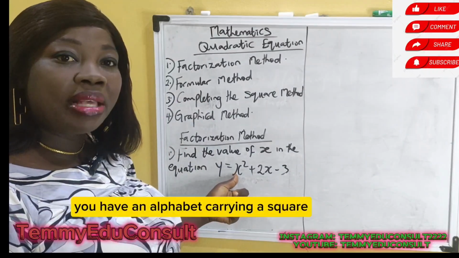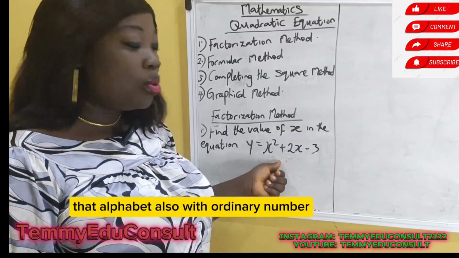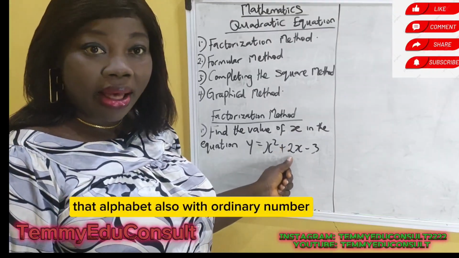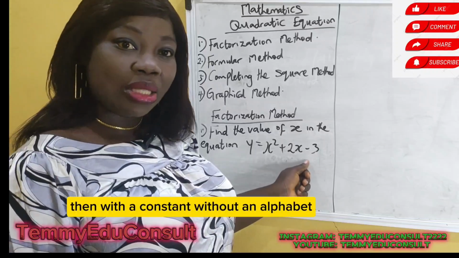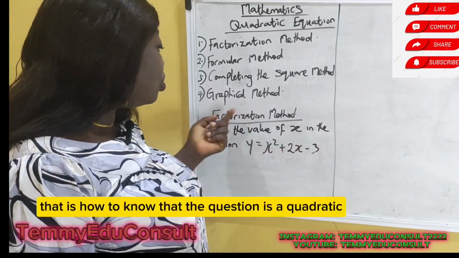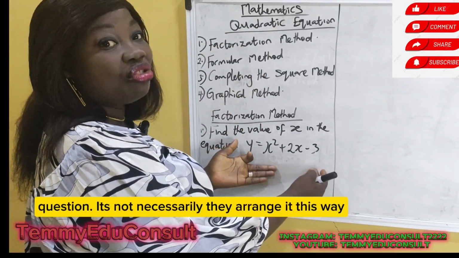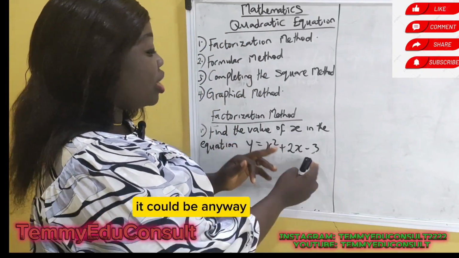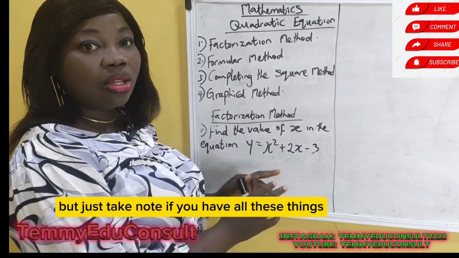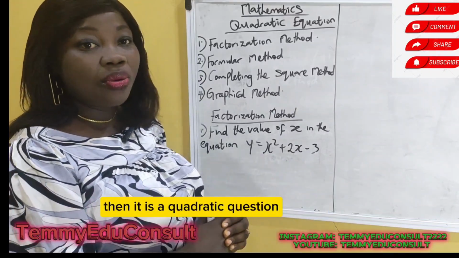You have an alphabet carrying a square, that alphabet also with ordinary number, then with a constant without an alphabet. Then that is how to know that the question is a quadratic question. It's not necessarily they arrange it this way. It could be any way. But just take note, if you have all these things, then it is a quadratic question.